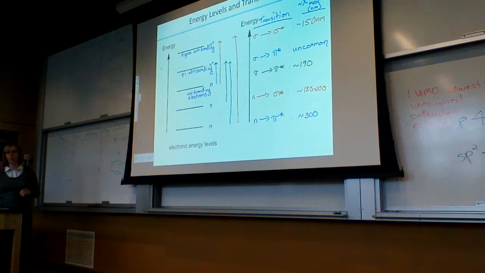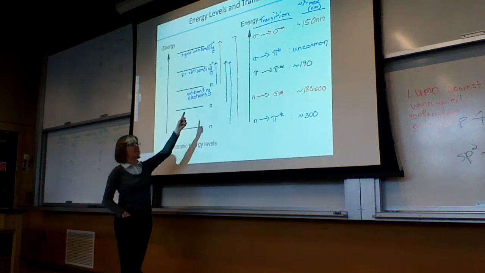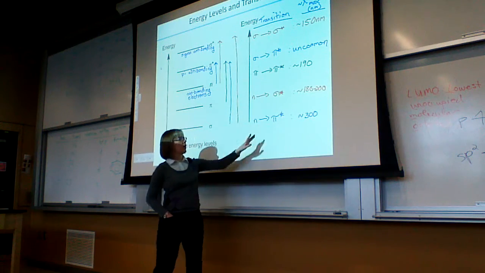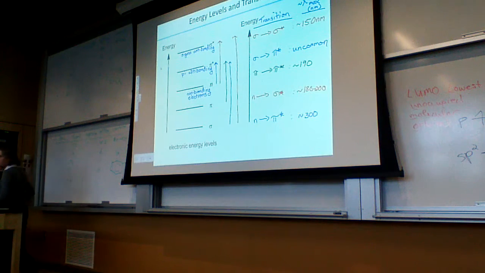So you're not going to be able to measure those, and all our solvents and things like that come in that region. So the ones we're going to focus on are going to be our pi to pi star, n to sigma star, and the n to pi star. Those are the most common ones we'll see. Questions on that?